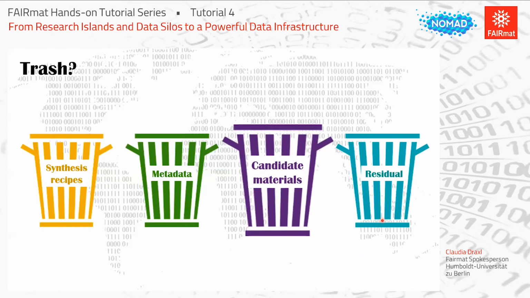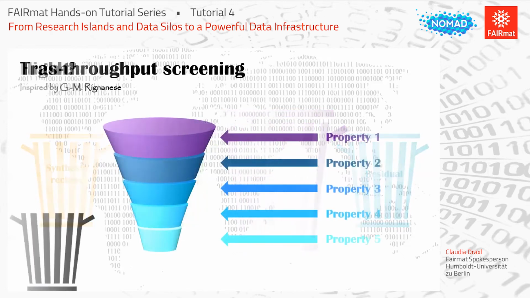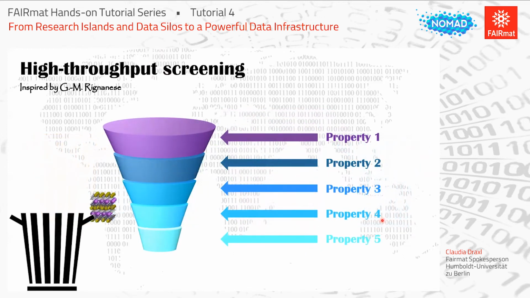This connects also to my last type of trash cans, which are candidate materials. There are many high throughput initiatives that were started many years ago to compute a lot of data, but you can of course also do this in terms of experiment.